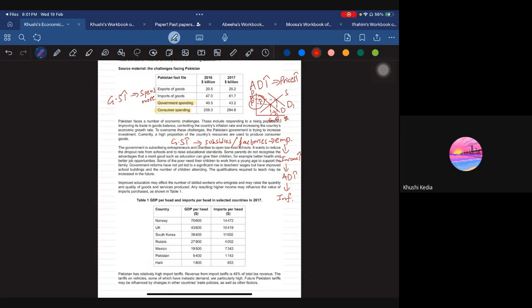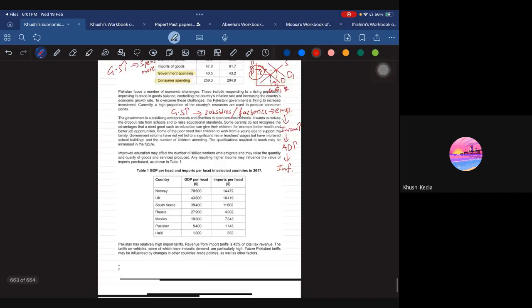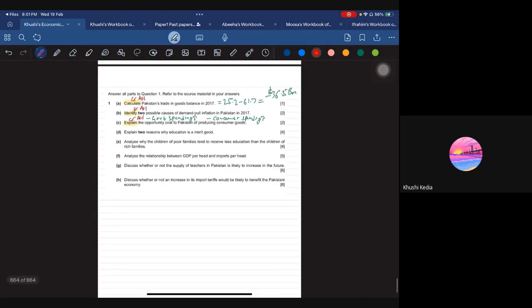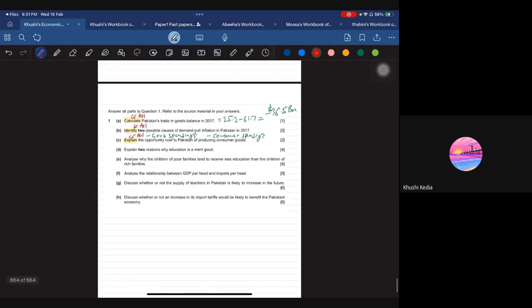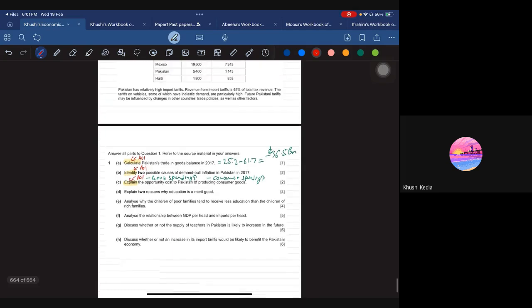Maybe the opportunity cost could be that if Pakistan is spending more on the consumer goods, then they might not be able to subsidize entrepreneurs and charities to open low cost schools that much. Very good, this could be one thing.